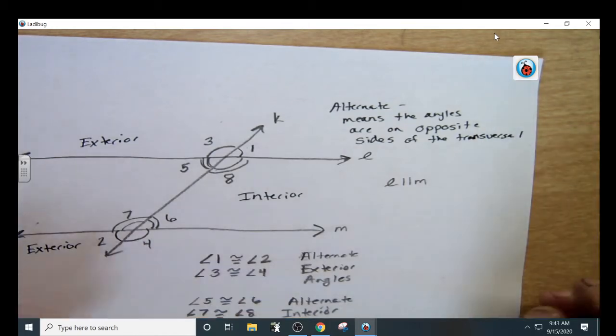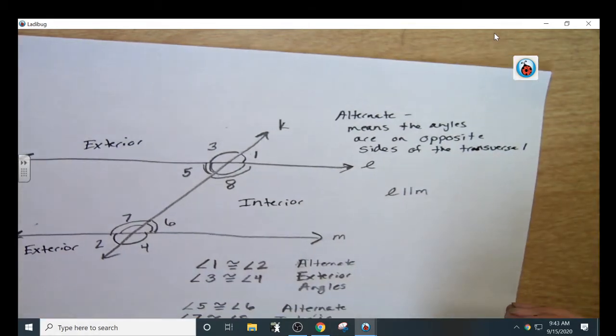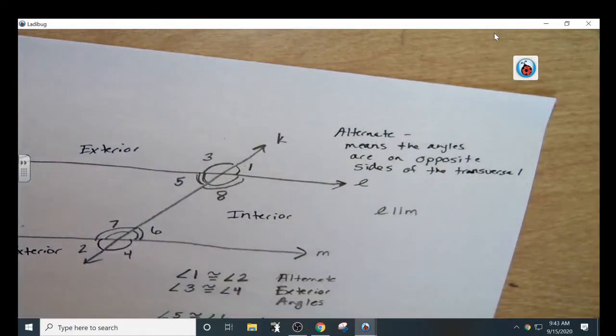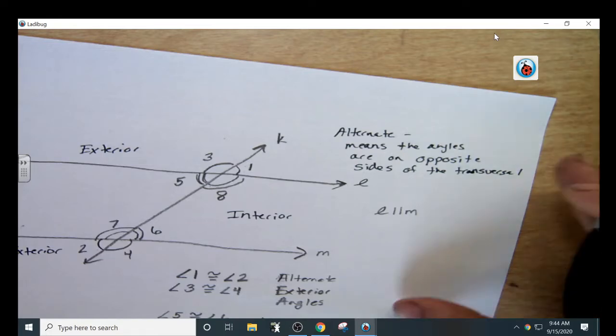Guys, a lot of times you can tell, in any field of work or anything, if you break down the meaning of a word or a group of words, it kind of explains to you what it does.